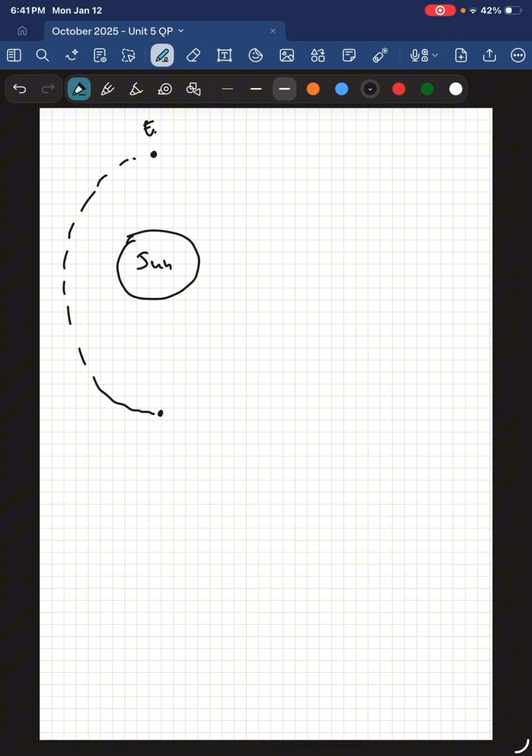So this is the Earth, and this is the Earth 6 months into the future. The distance from the Earth to the sun is 1 astronomical unit.